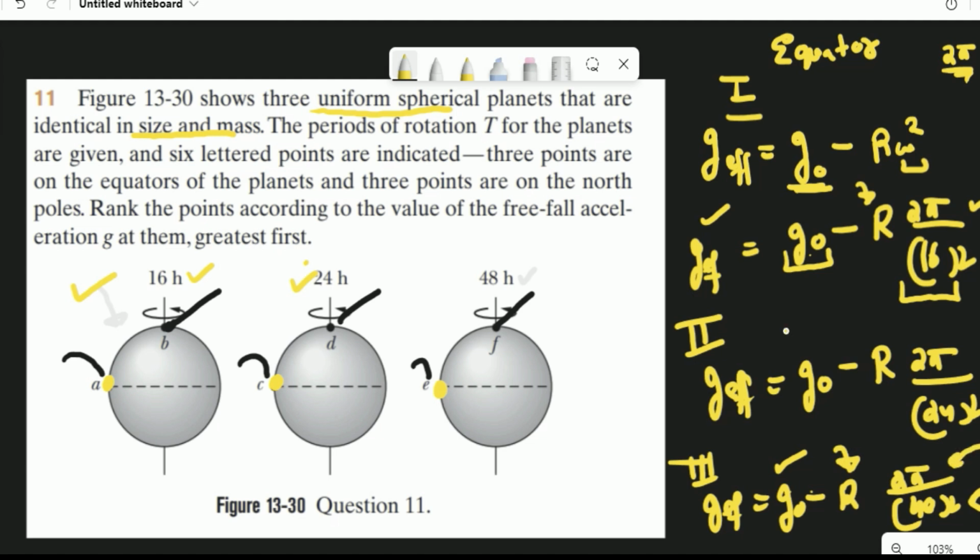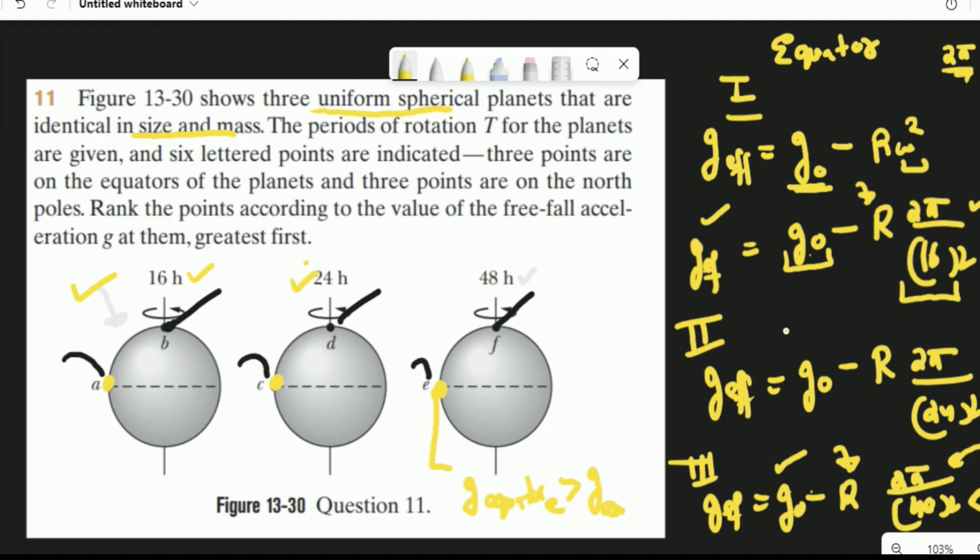So G at the equator for 48 hours will be greater than G at the equator for 24 hours.